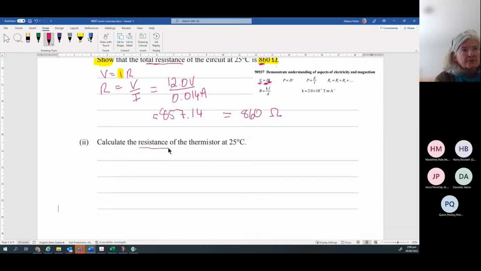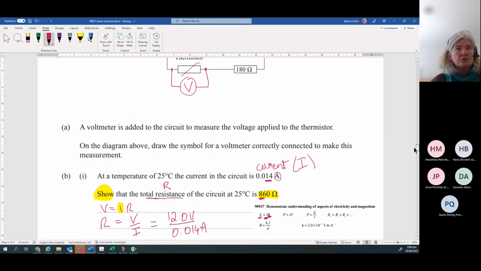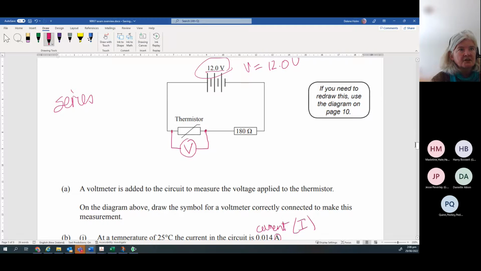So again, you have to work out resistance, but instead of doing the total resistance, which is 860, you only want to do the resistance across here. So we know that the total resistance, R total, is equal to 860 ohm.